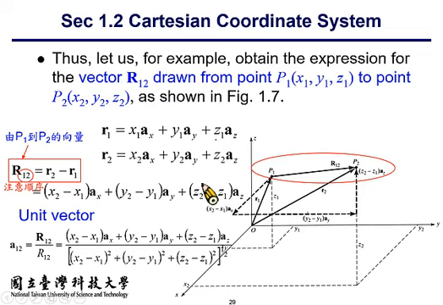That is, the projection of R2 on the x direction minus the projection of R1, which is x1 over there. And the difference is the movement of the vector along the x direction. A similar fashion can be followed for the projections on the y and z directions. Right?